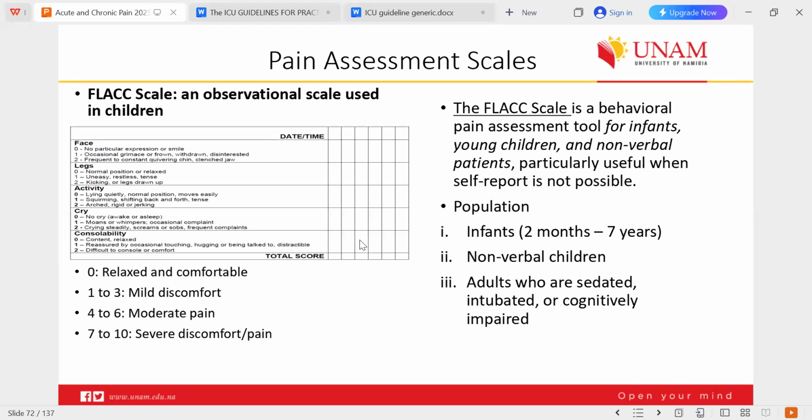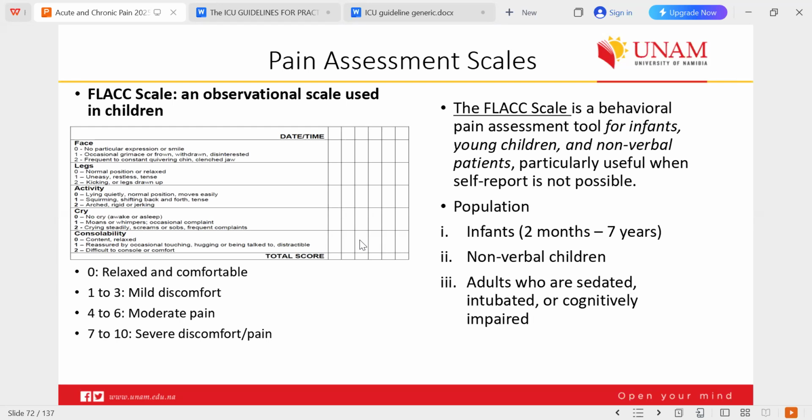So on the left is the table for the FLACC scale. Face, all right, you observe the face. If there's no particular expression or the patient is smiling, you give 0. When you have occasional grimace or frowning, or the patient is withdrawn or disinterested, 1. If there's frequent to constant quivering chin and clenched jaw, you give the patient 2.